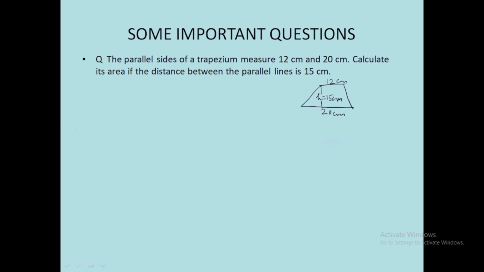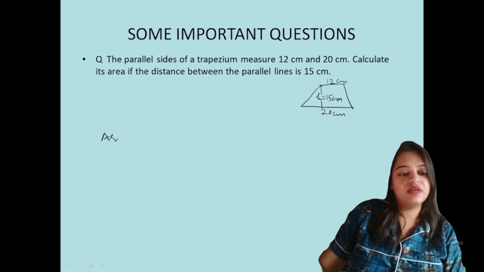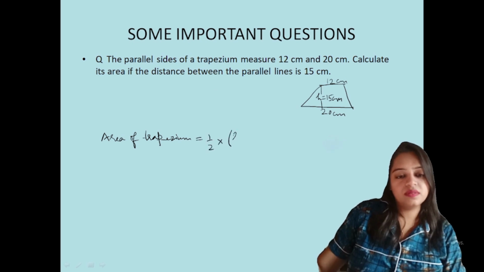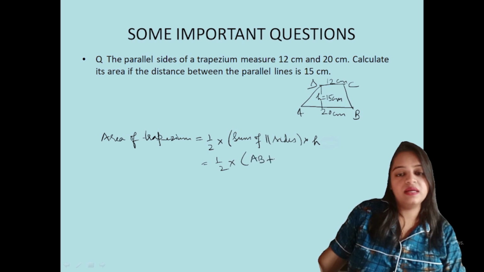Let's calculate now the area. Formula for area is half into sum of parallel sides multiplied by height. I am naming this trapezium as ABCD. So you can observe from the figure, parallel sides are AB and CD. So I'm doing the sum into height.